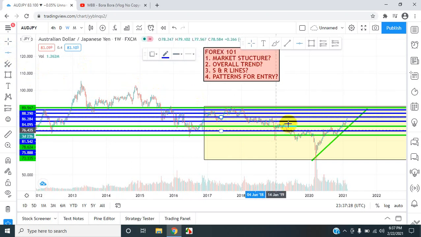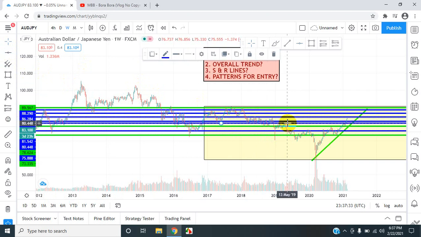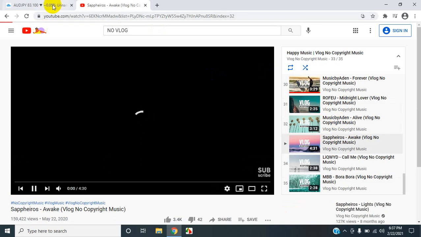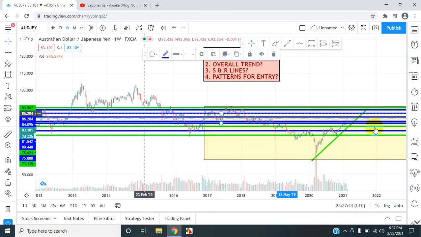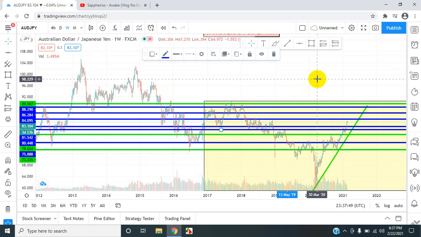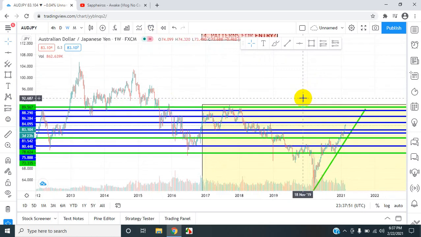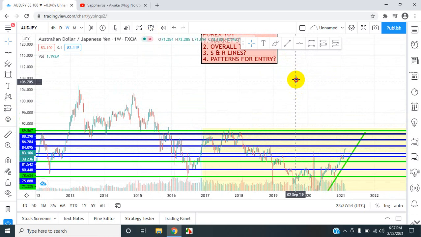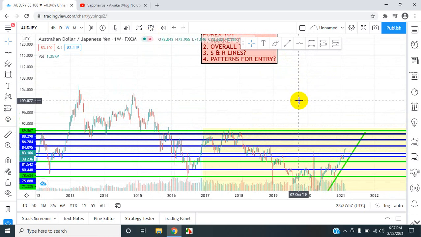We may have another one here. So we completed our SR lines on our time frames. Next, we're going to head over to patterns for entry.